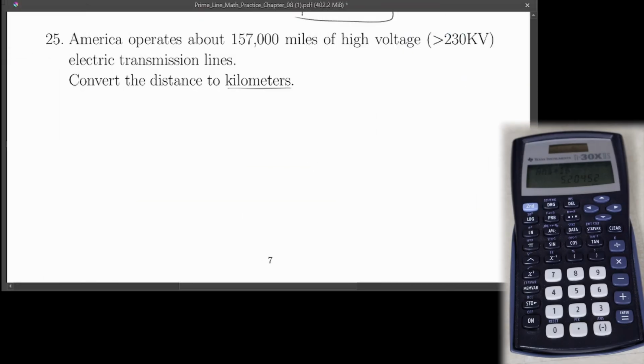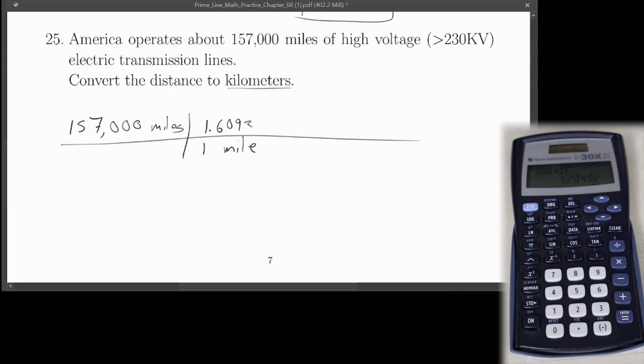So we'll start with our 157,000 miles. And we know that 1 mile is 1.609344 kilometers. Notice our units for miles cancel out.